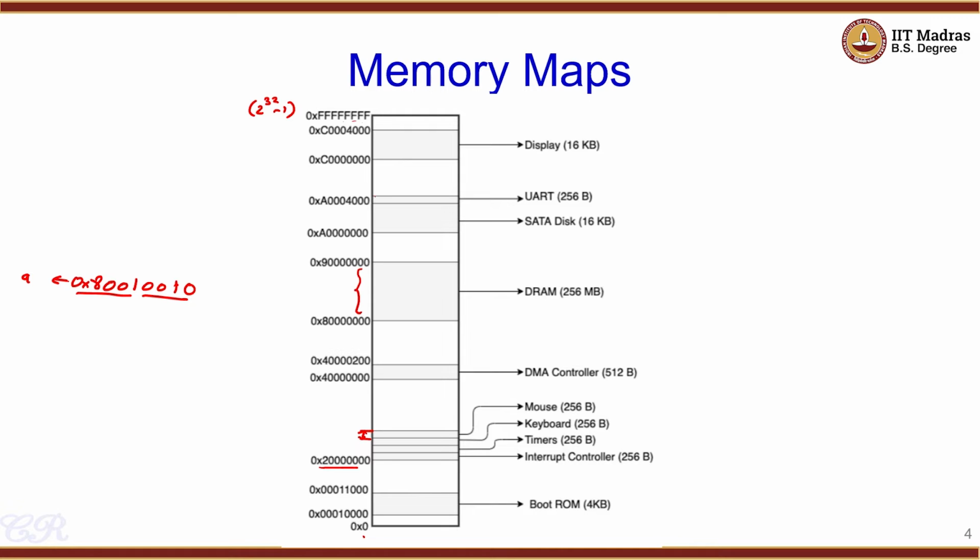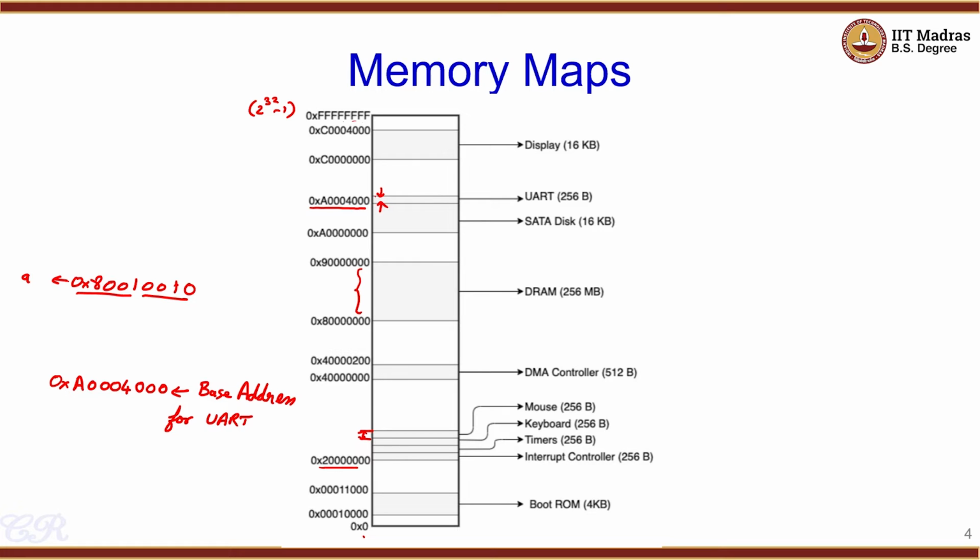So let's look at what exactly happens, taking the UART as an example. Remember again that the UART's addressing starts from this location 0xA0004000, which we call the base address for the UART, to this base address plus 256 bytes, right.